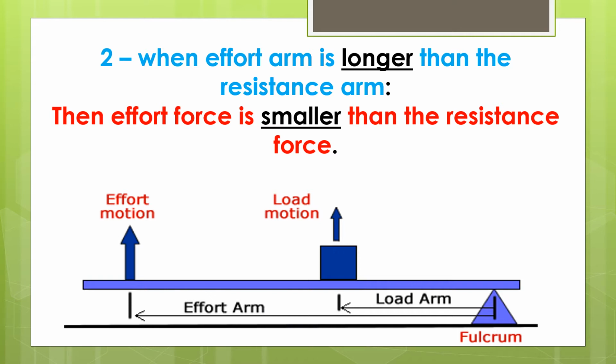Why? This is according to the law of levers. And I told you before, when the effort arm is longer, for sure the effort force is smaller, because there is an inverse relation between any force and its arm.